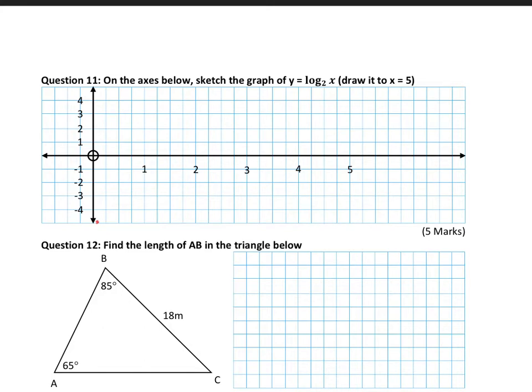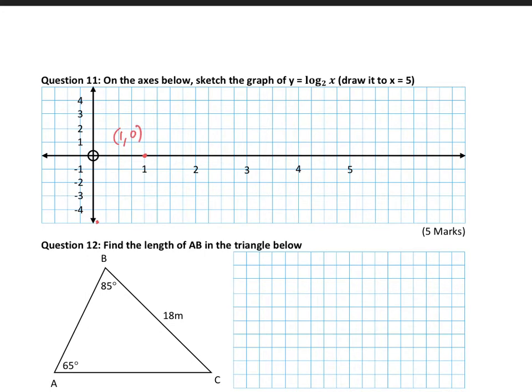So there's going to be an x-intercept at 1, but we can check that anyway. So on my calculator, I'm going to go math, log base. It's log in base of 2. The value of x is 1. And that tells me 0. So the first point is going to be 1, 0.